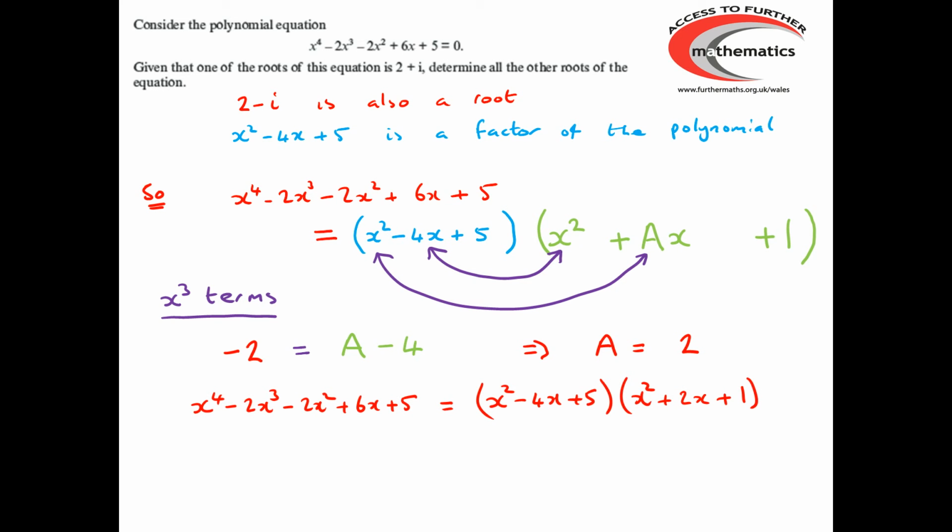So we now have a full factorisation of the polynomial. And if we look carefully, x squared plus 2x plus 1 is of course just x plus 1 squared.